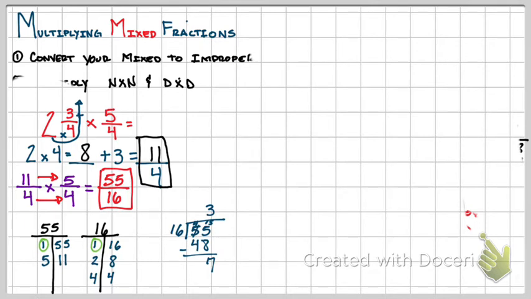That gave me 7. 16 does not go into 7, so we're going to put a remainder of 7. Now we're using remainders because we're using fractions. Now we're done.